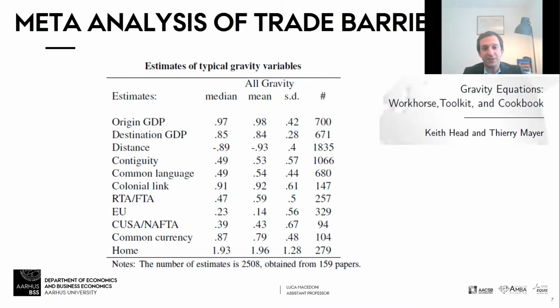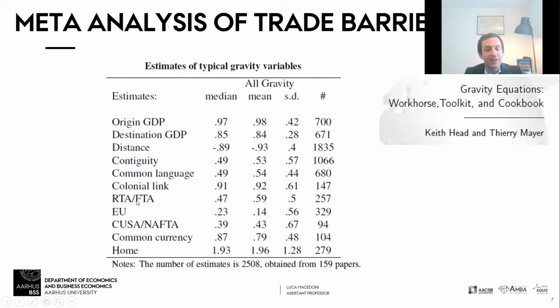There would be, for instance, Denmark and Germany, but not Denmark and, say, the Netherlands. And you see, if two countries share a common border, their trade flows increase. If two countries share a common language, their trade flows also increase by 50%. This is pretty big. Then there is a colonial link. So when two countries had a colonial relationship in the past, they tend to trade a lot with one another, everything else constant.